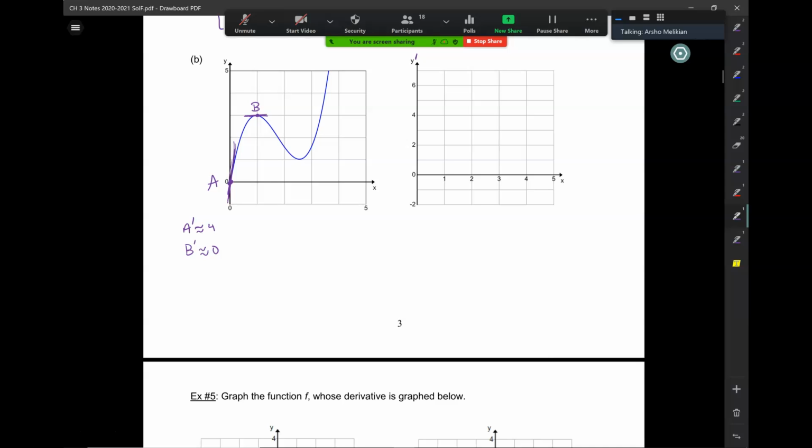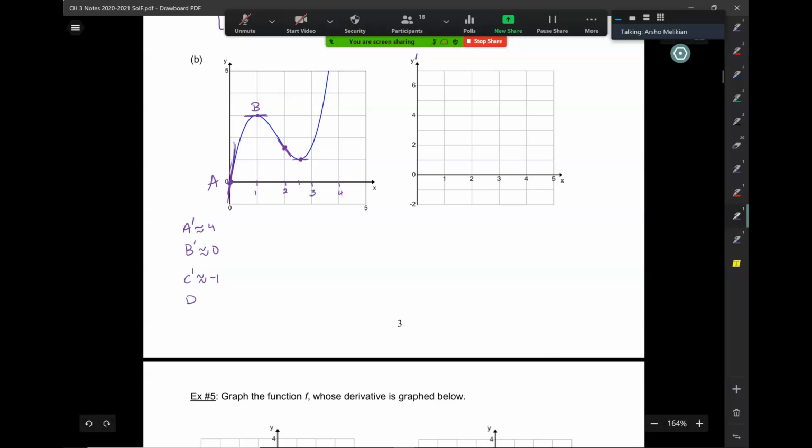I'm going to pick another point here at x equals 2. So that was x equals 1, x equals 2. Here, if you estimate a tangent, it could be like a -1. This is a good point, a valley, at about 2.5 maybe.